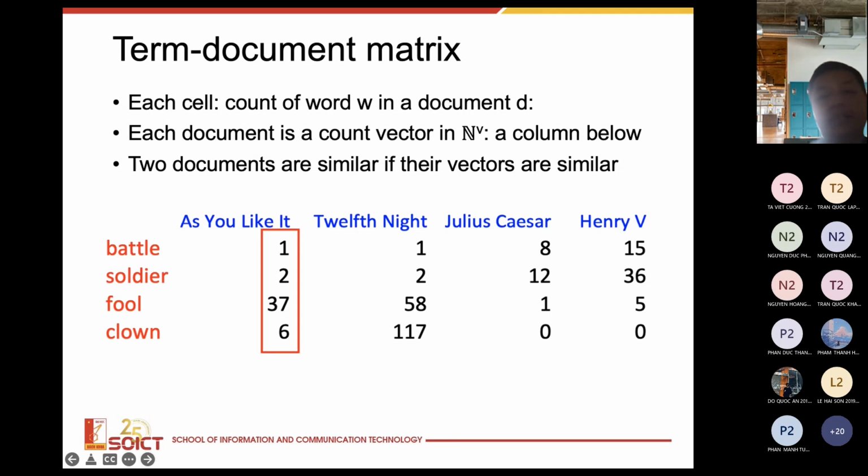So in this case, each document can be represented as a count vector, a column, as you see here, right? And to tell whether two documents are similar, we can use the vectors here, and if the vectors are similar, right, then the two documents are similar, right?